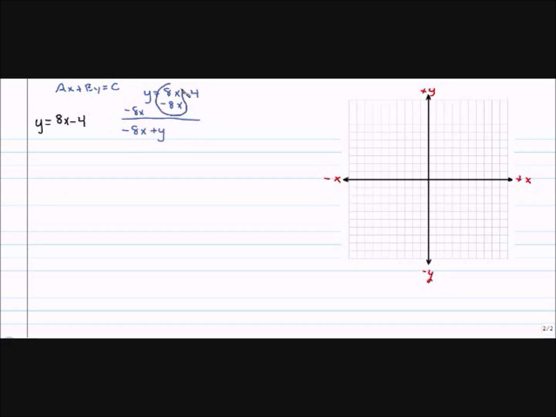This zeroes out, giving me a negative 4. Remember, your a, or your coefficient in front of the x, cannot be negative. So I'm going to multiply everything by a negative 1, giving me a positive 8x, a negative y, and a positive 4. You don't really have to write that positive there. Okay, it is linear.